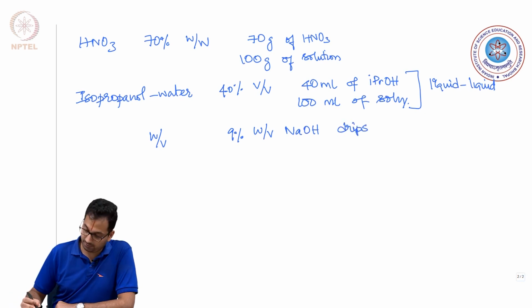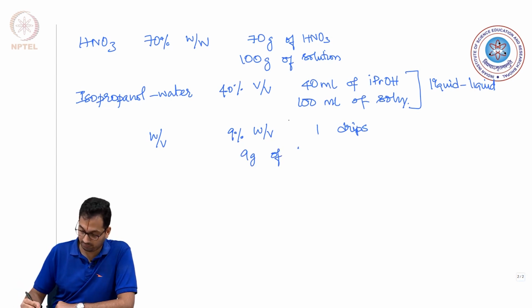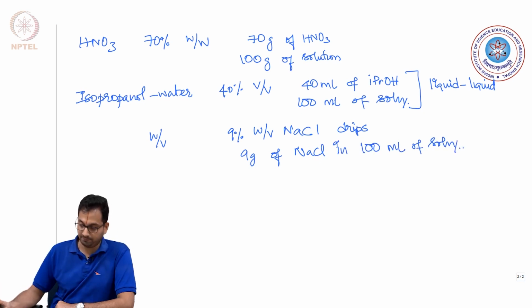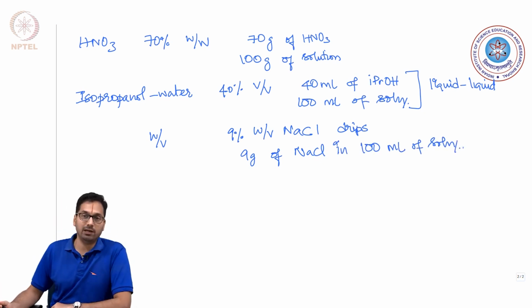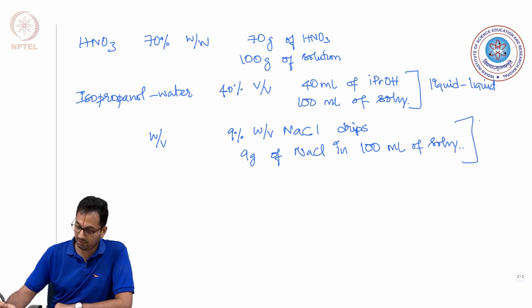So, this indicates you have 9 grams of, sorry, not NaOH, NaCl, in 100 ml of solution. So, what we are able to see here is that these are very different ways of expressing concentration, and in the last case you are looking at a solid that is dissolved within a liquid.